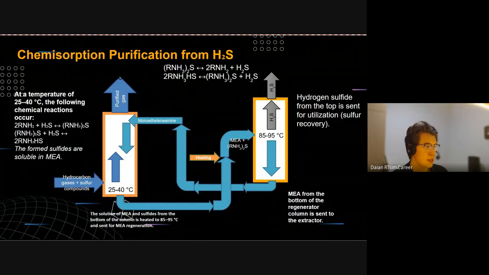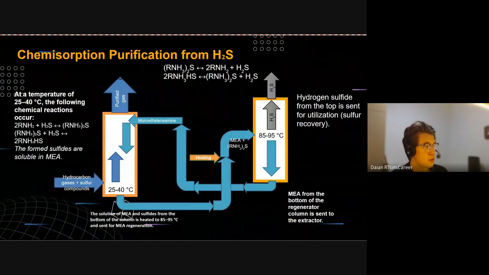Econamine is diethylamine and water. These chemical absorption processes are highly selective for acid components like sulfur and CO2 and allow deep gas purification.